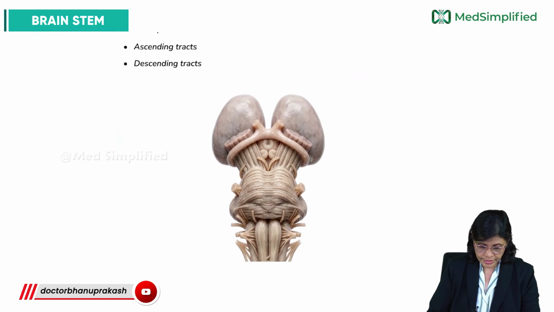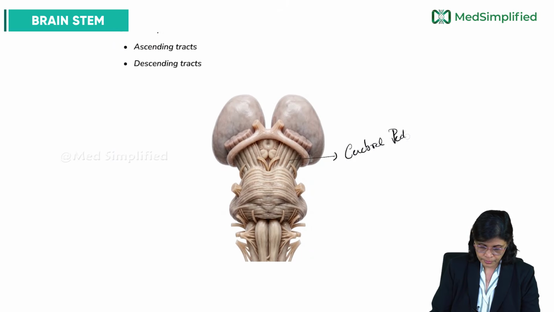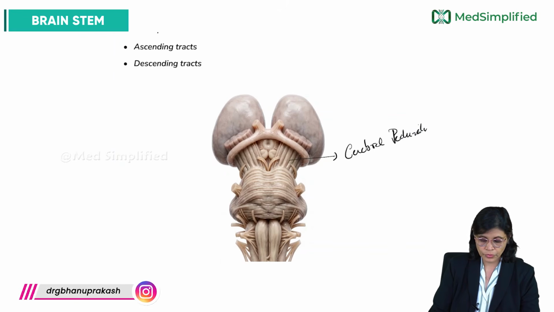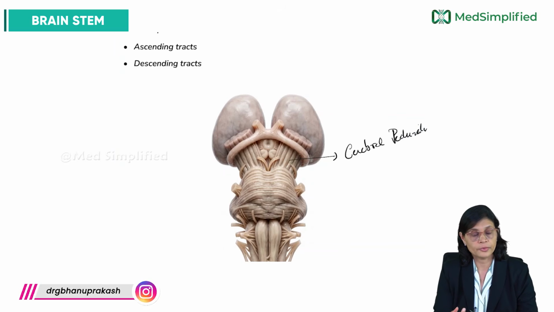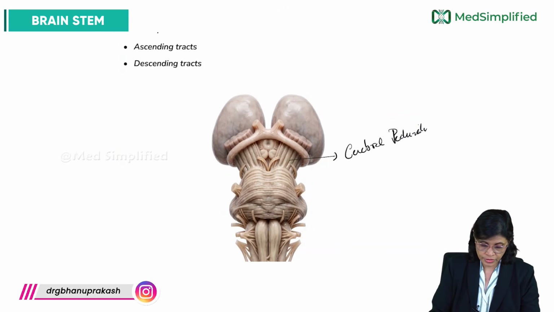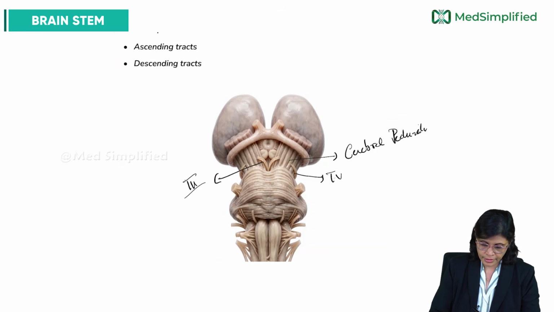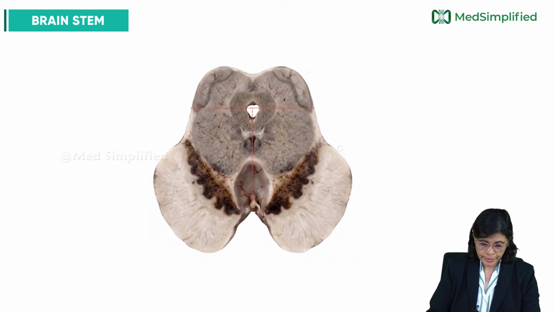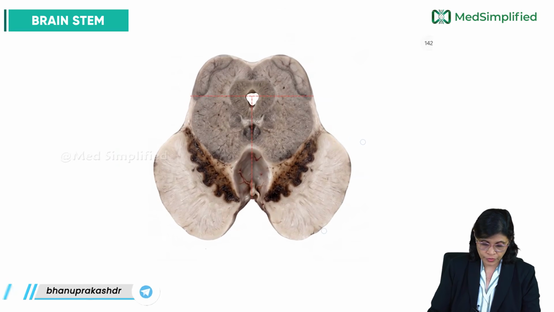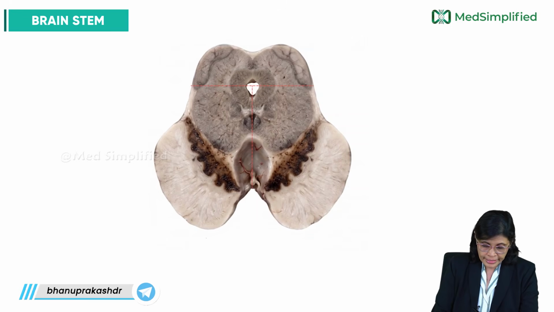Here you can see these are the cerebral peduncles. This is the ventral surface, so you won't see the colliculi, you will see them on the dorsal. Here you can see the oculomotor, that is the third cranial nerve, and trochlear, that is the fourth cranial nerve.